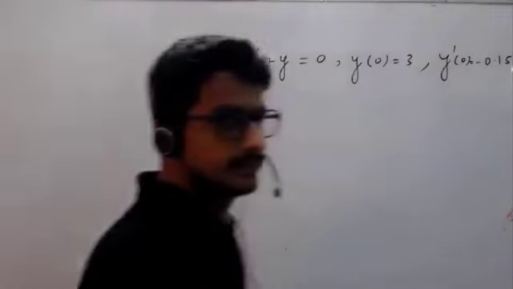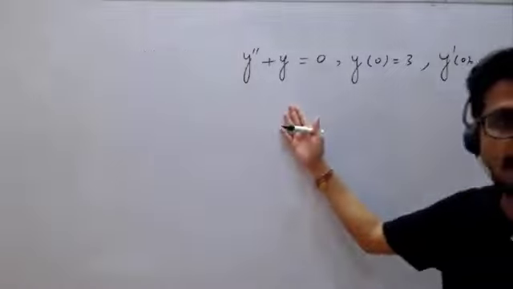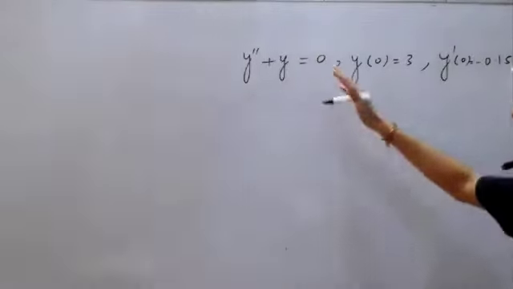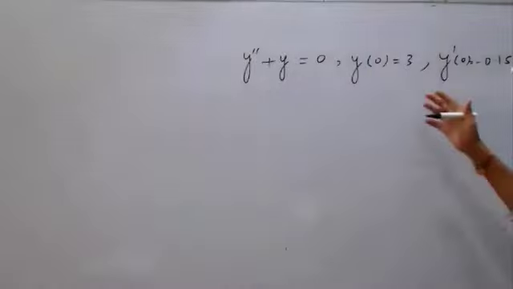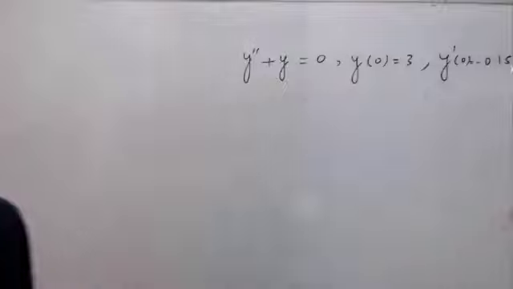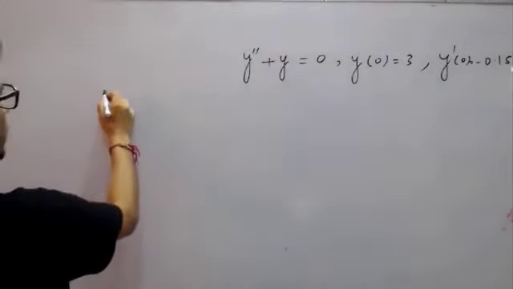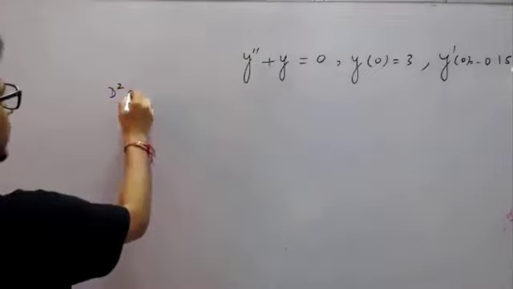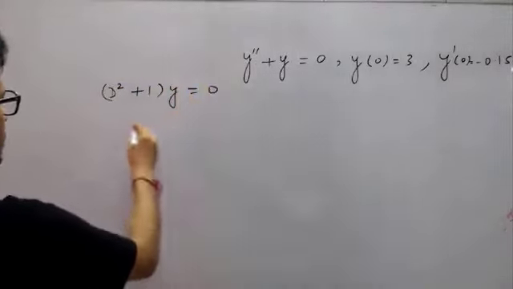So please see this equation. This is a second order differential equation in which the right hand side is 0, and because it is a second order differential equation, we need two conditions to solve it. So let us solve this. It will be given by (D square plus 1) y is equal to 0.